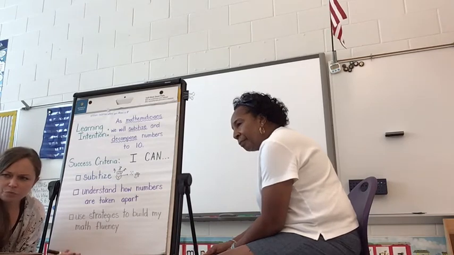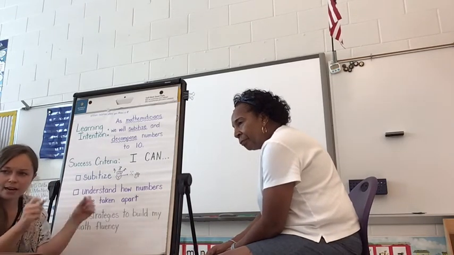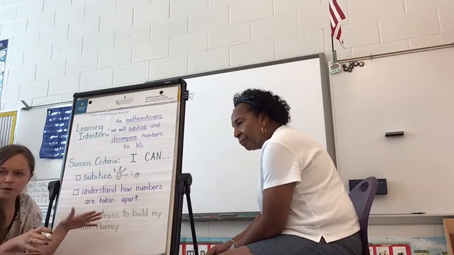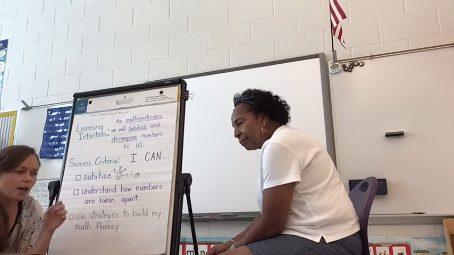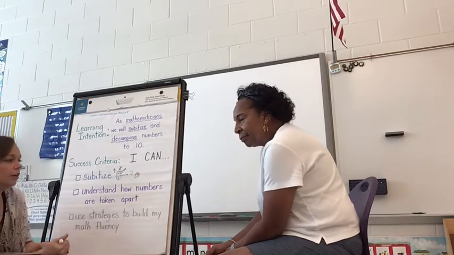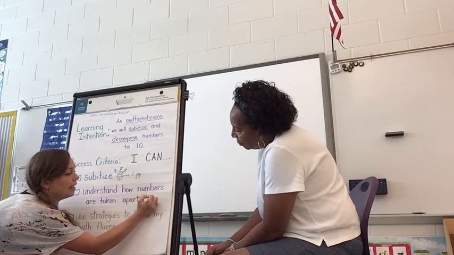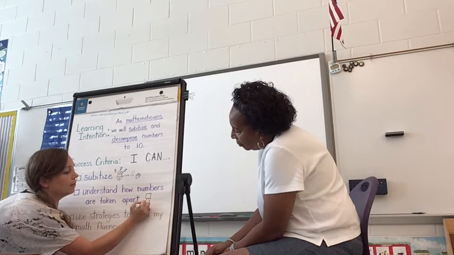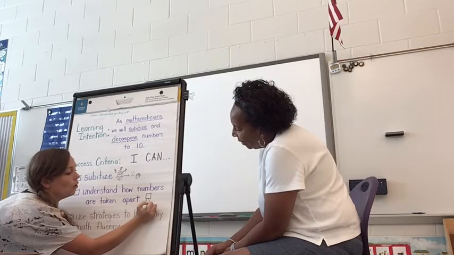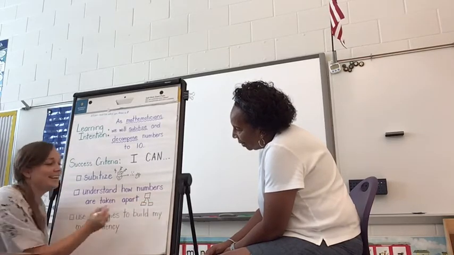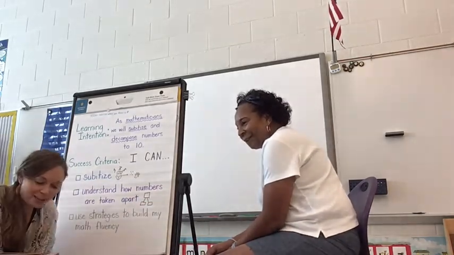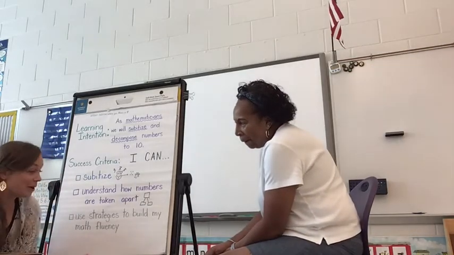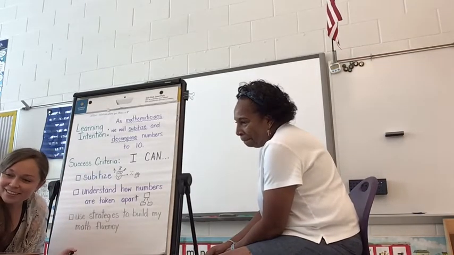Jackson, when I take numbers apart and I decompose them, what do I call that picture that looks like this? Do you know? 10 square. Ooh, I heard Dad whispered in there too. Dad's a smart cookie. You both are. So a 10 square would be a great idea.